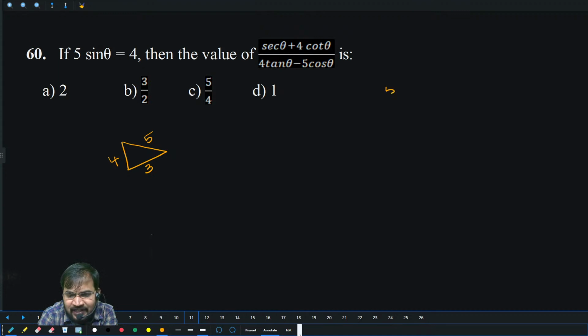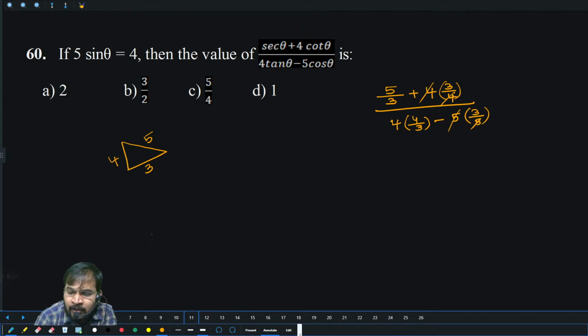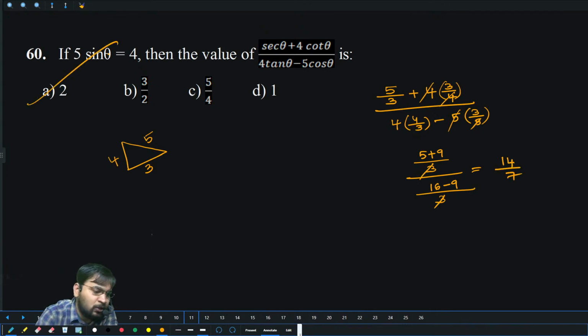Secant theta is nothing but 5/3. 4 into cot theta is 3/4, divided by 4 into tan theta is 4/3, minus 5 into cos theta is 3/5. 5 gets cancelled, 4 gets cancelled. So the numerator LCM is 3, 5 plus 9; the denominator LCM is also 3, 4 fours are 16 minus 9, 3 gets cancelled, 14/7. 14/7 is nothing but 2. Your answer is 2.